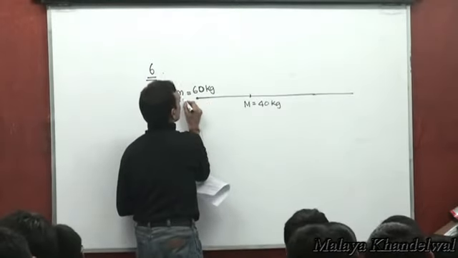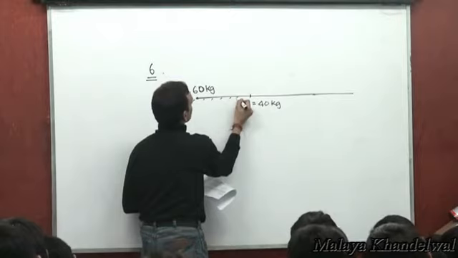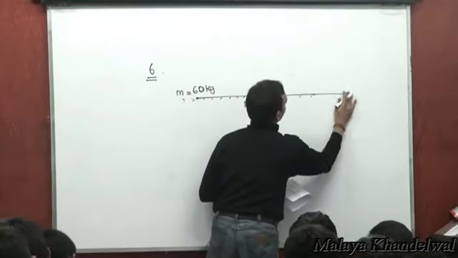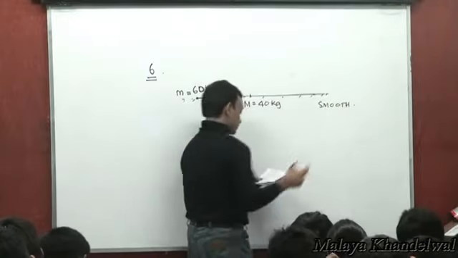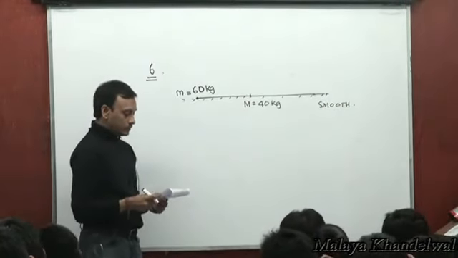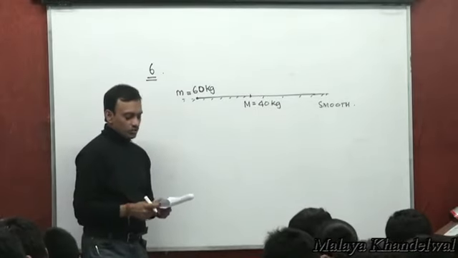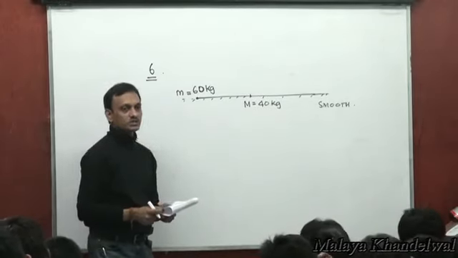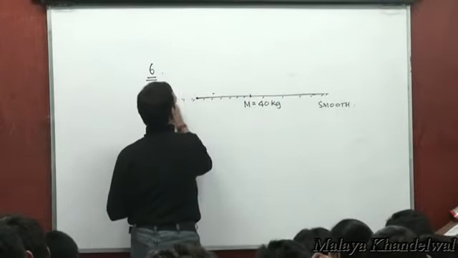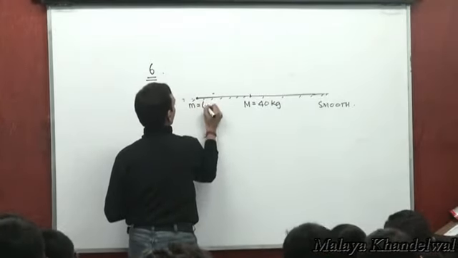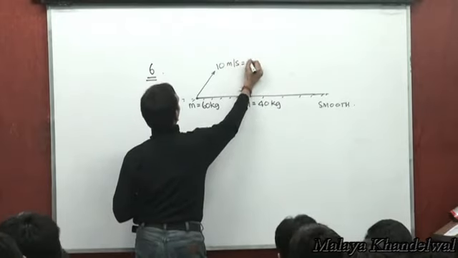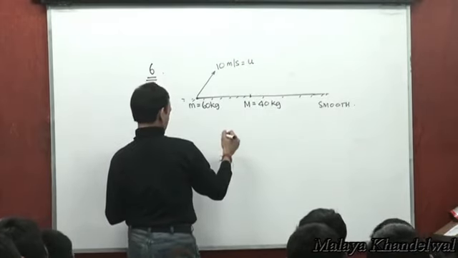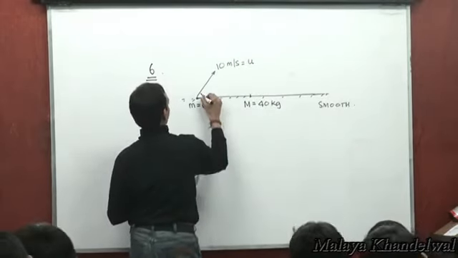This whole thing is on a smooth horizontal surface. He throws a mass 1 kg with a velocity 10 meters per second at an angle of 45 degrees with the horizontal.